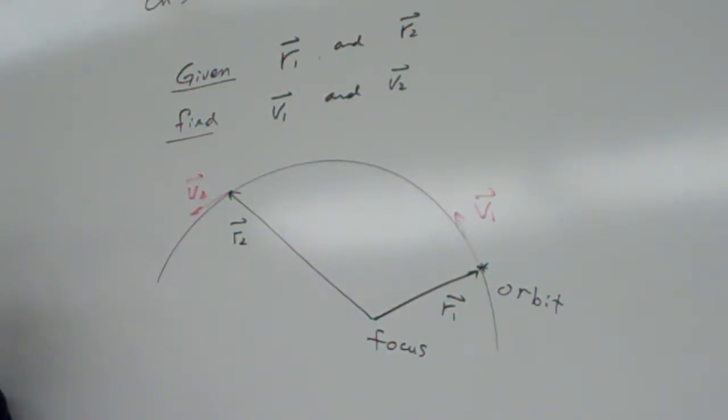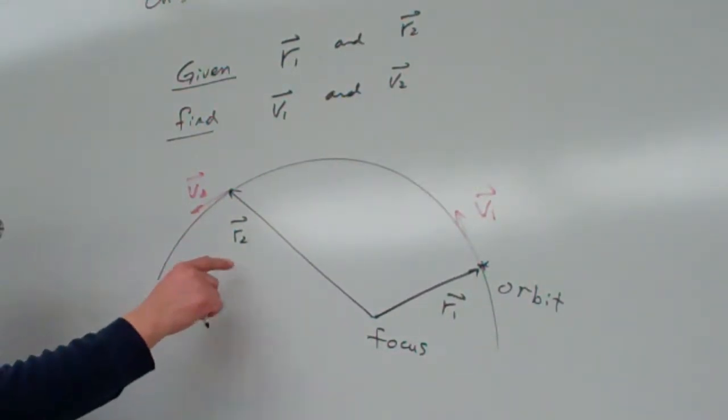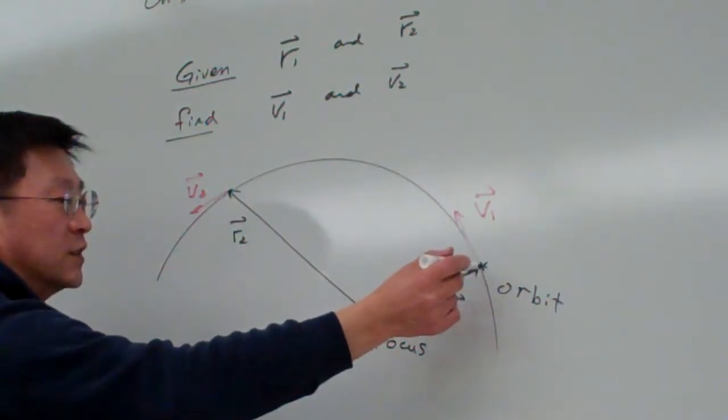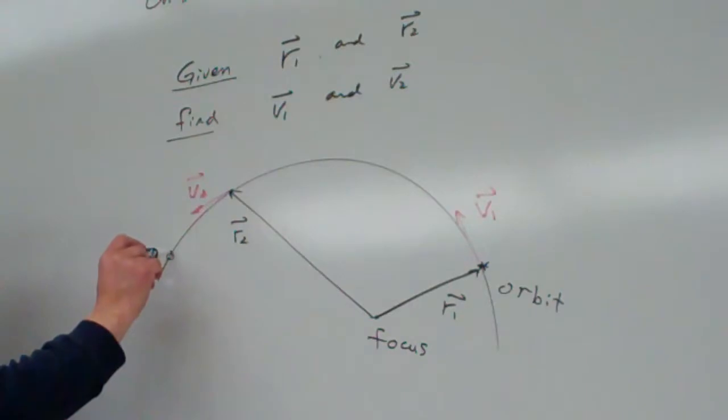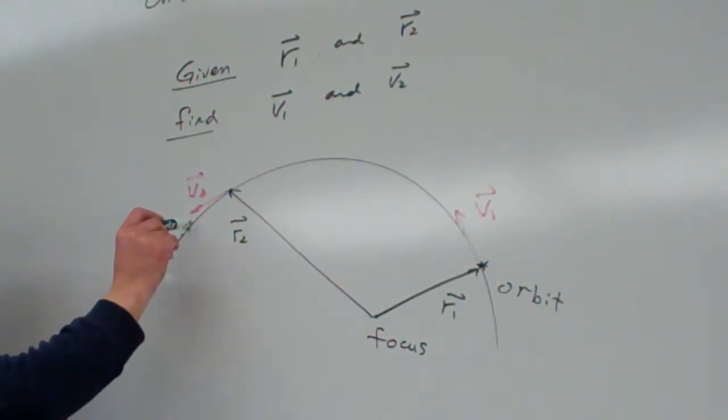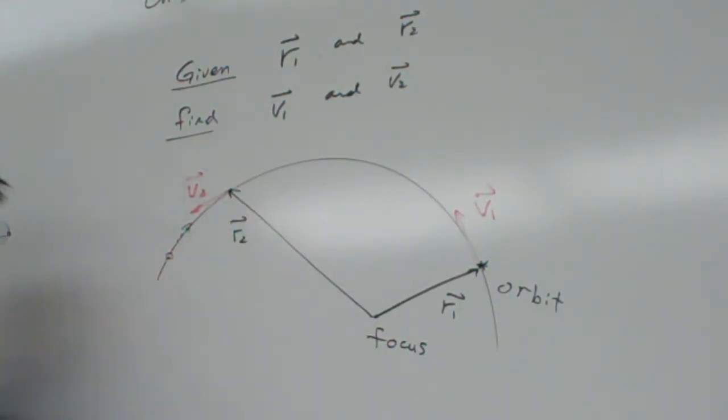Missile interception technologies are based upon this. Using radars, they can calculate R2. For example, this is Greeley, Oklahoma here, and they can use radar to track a missile coming along a certain track.